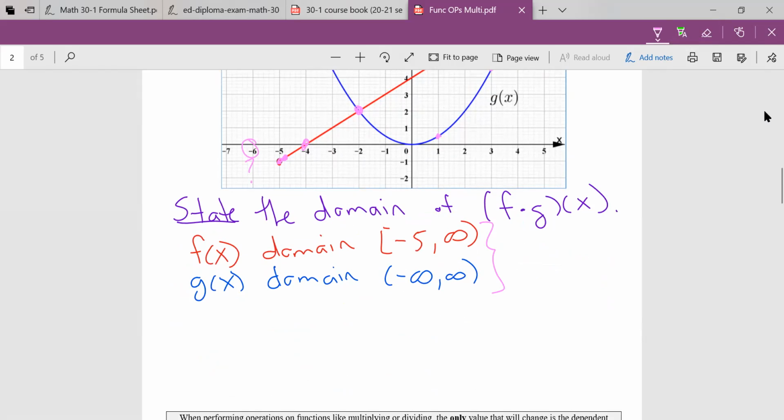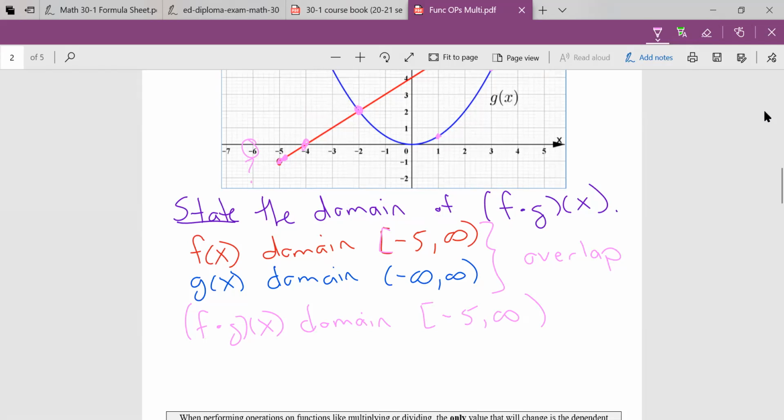You could think of that as saying the domain will only be where the graphs overlap, maybe a more visual way to think of that. So where do these two graphs overlap? Well, starting at -5. That's where they're both going to overlap. So the domain of f times g at x is where these graphs overlap, where they coexist, just like that.